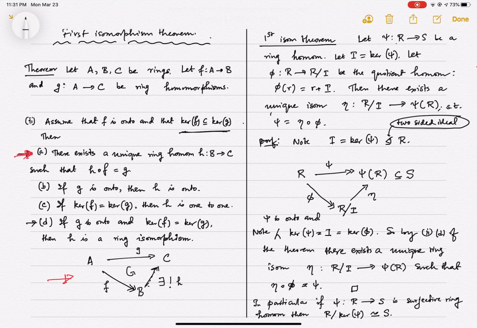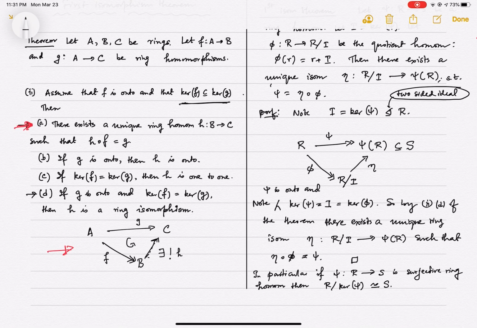But it's actually telling you what this isomorphism is. This psi induces an isomorphism. That's what it's telling you. So this takes a coset a plus I to wherever psi would have taken a, where I is the kernel. And it's inbuilt into this that this is well defined.